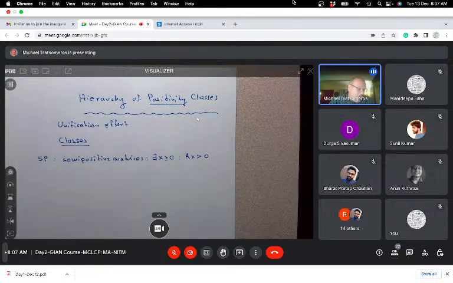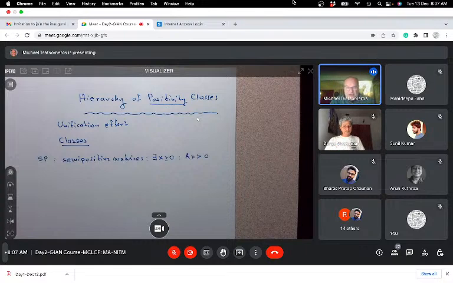So A maps a non-negative vector to a positive vector. Of course, that non-negative vector is non-zero, right? Because otherwise A times x would be zero. So it maps something in the non-negative orthant into the interior of the non-negative orthant.